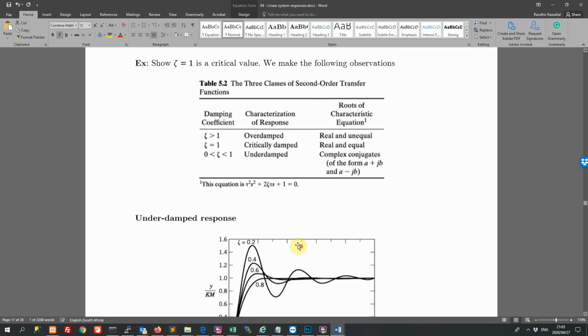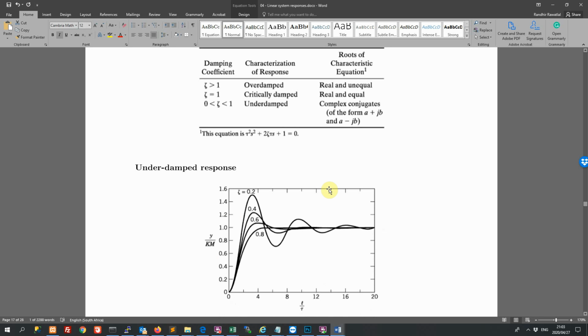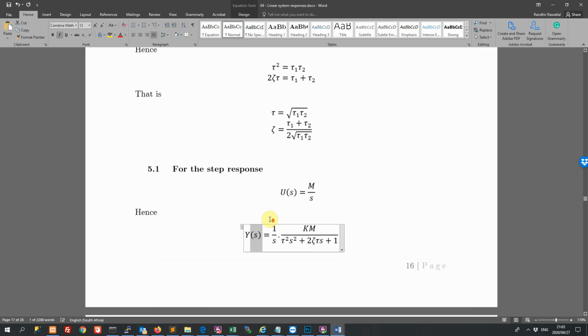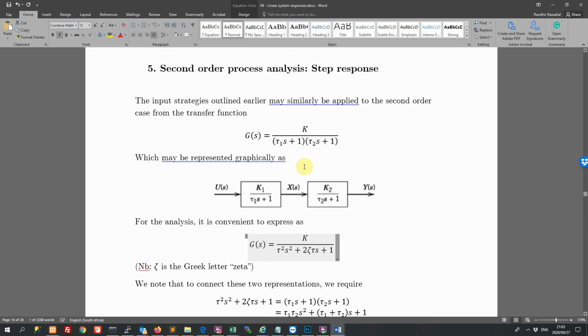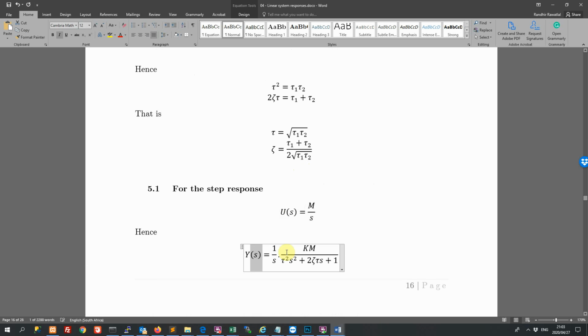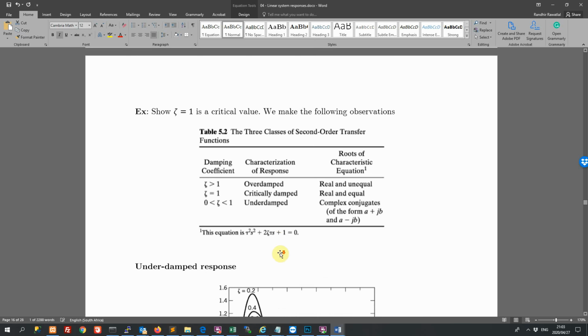But anyway, for now, we can say if you go and plot out for the second order process with time constants tau 1 and tau 2, you will get this kind of behavior. And you can see an oscillation in here. And this is the step input response. This is not a sine wave. We didn't put a sine wave in here. We put in just a step increase, and we got out this response.